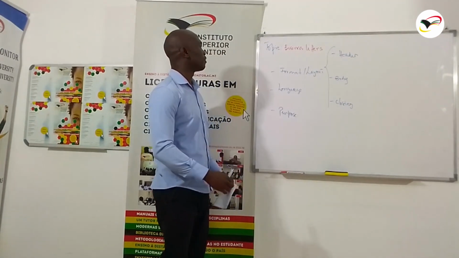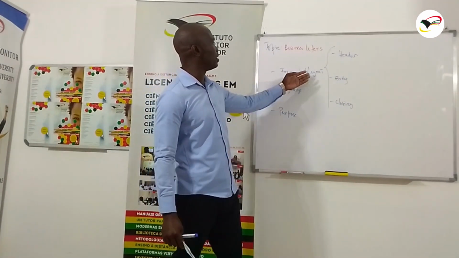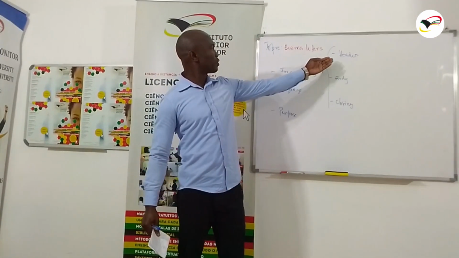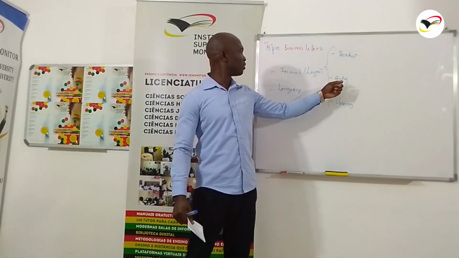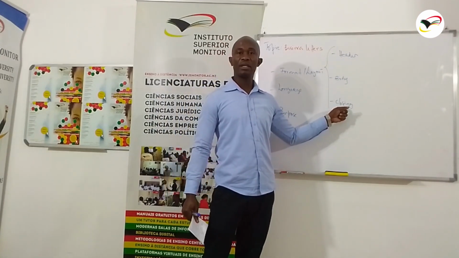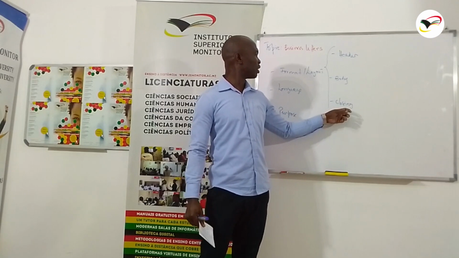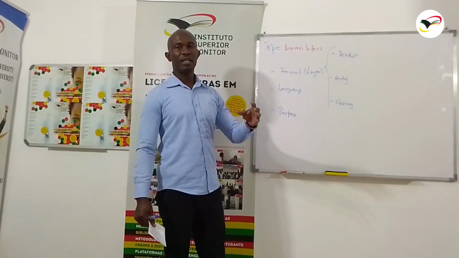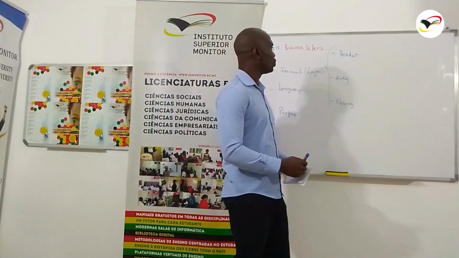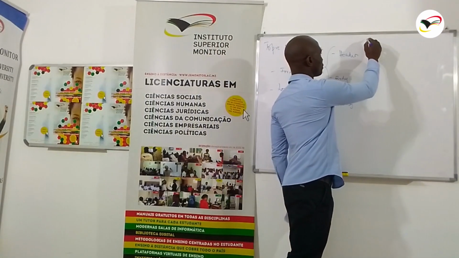So, in terms of layout, we can divide the business letter in three main parts. The first part is the header, the second part is the body, and the third part is the closing. Each of these parts comprises certain elements which we are going to identify.